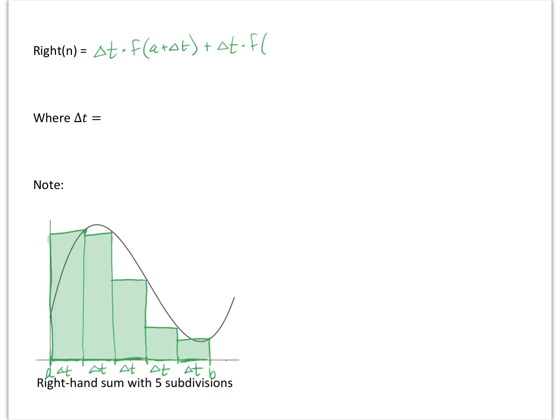So this is f of a plus 2 delta t. And then we keep doing that for all the rectangles until we get to the last rectangle, which has a base of delta t, and its height is the height of the function at the right endpoint. So the right endpoint of this interval is at b, so the height is f of b.